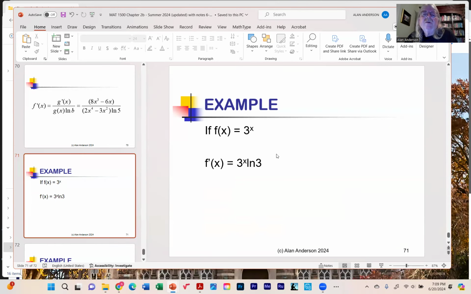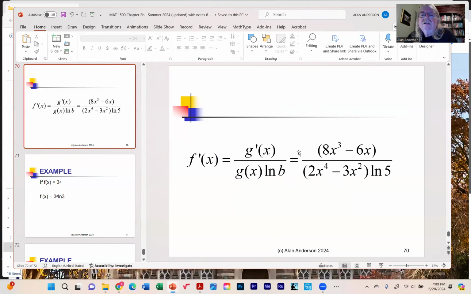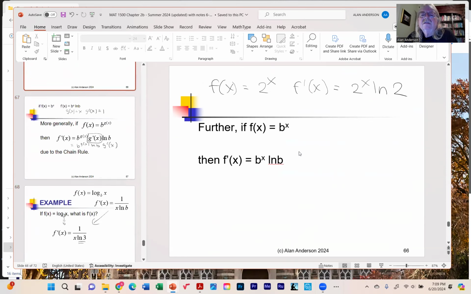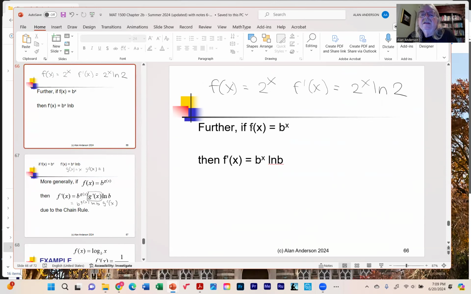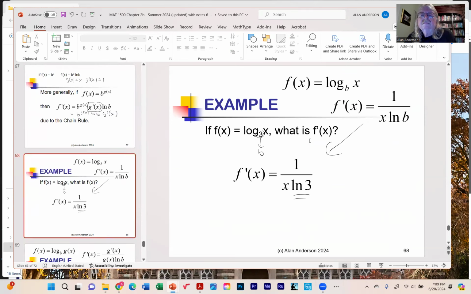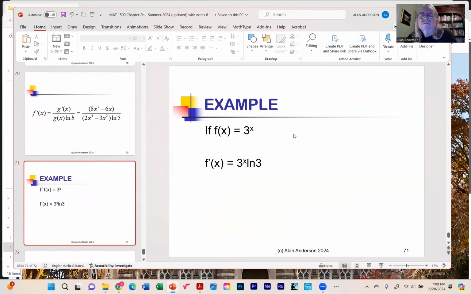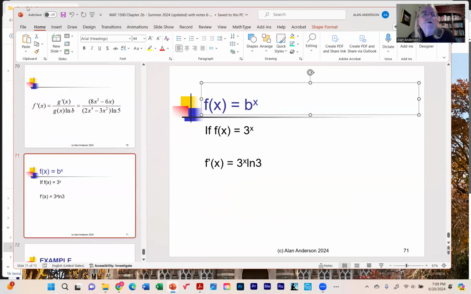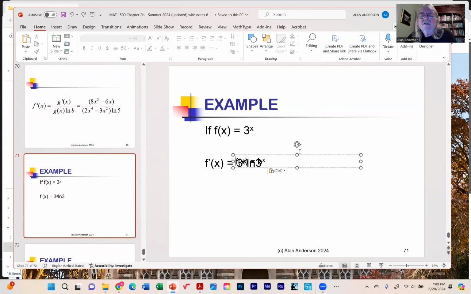So here we go. Now we're looking at the exponential cases. So let's look at these. B to the x.